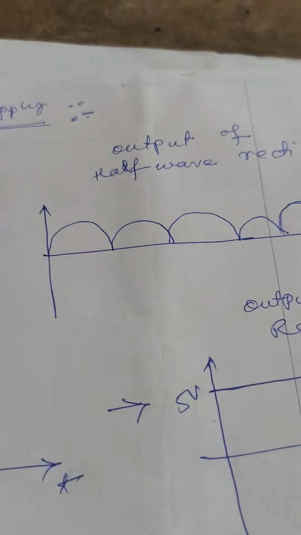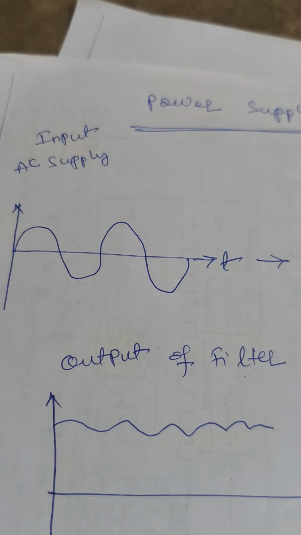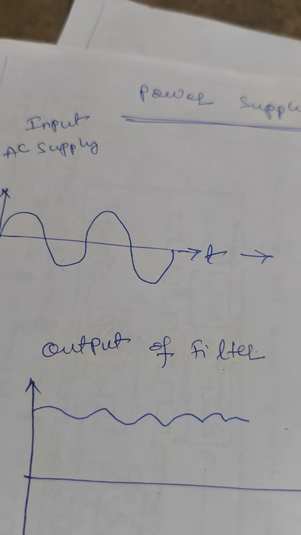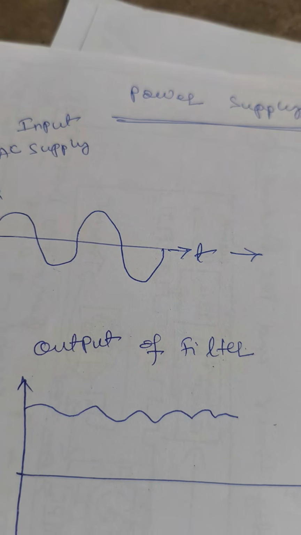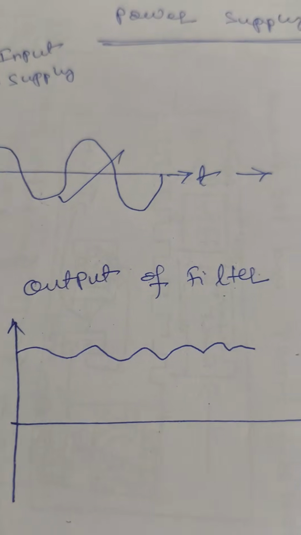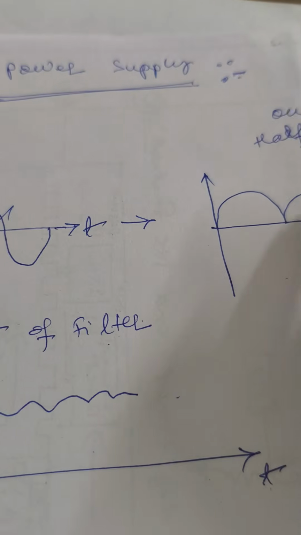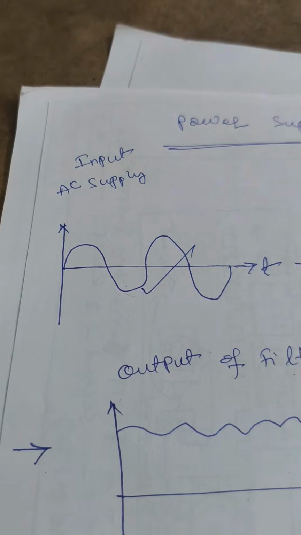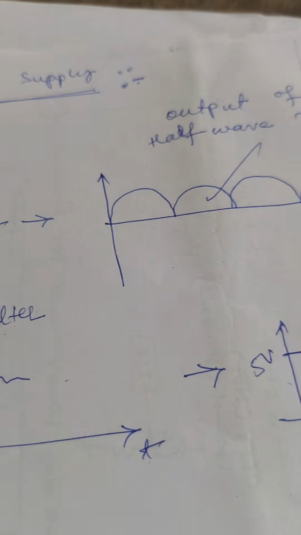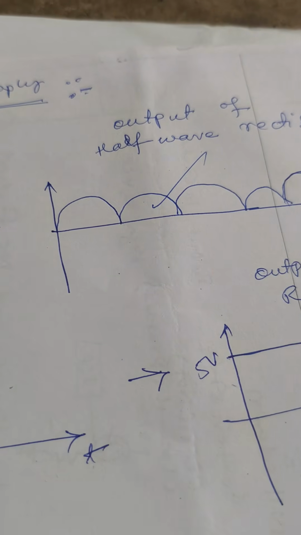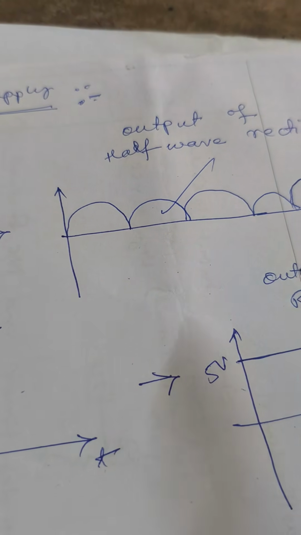This is the output of the full-wave rectifier. Therefore, this is how the rectifier works. Then here in this rectifier, see, it is not perfect DC; it still has ripples.